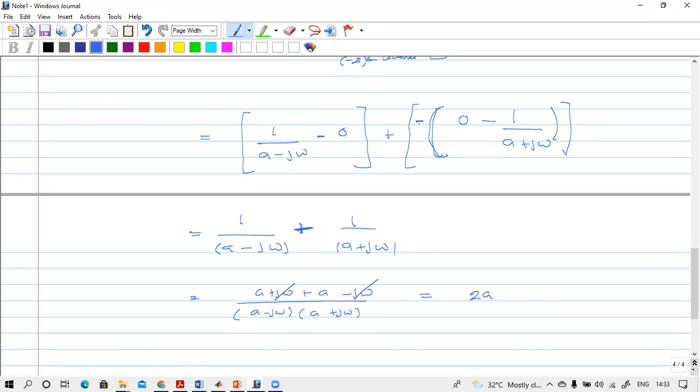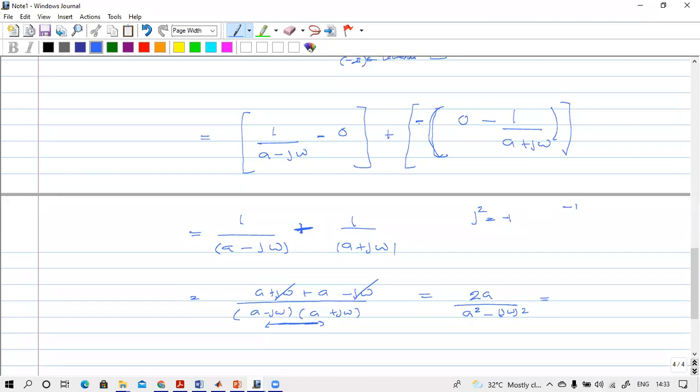Okay, you will get 2a, and I think you can simplify this term also. So it will be a square minus j omega square. Okay, you know that j square is minus 1. If you get the j square, it is minus 1.